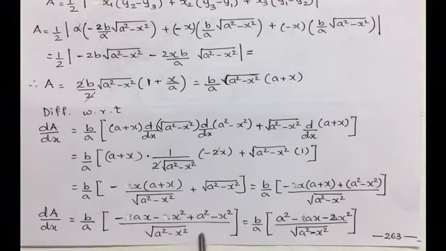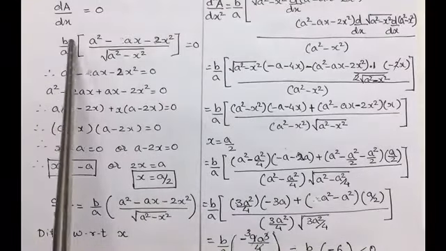So the remaining part after simplification, we get dA by dx equal to b by a times (a square minus 2ax minus 2x square) whole divided by under root a square minus x square, which is to be equated to 0.